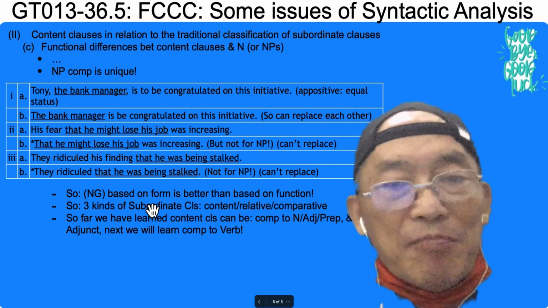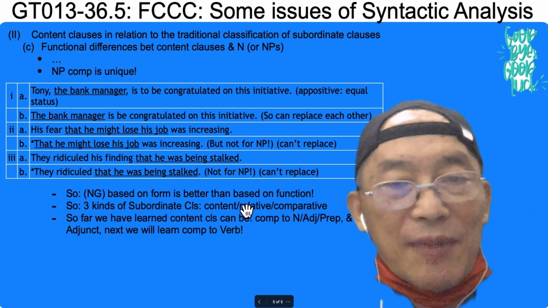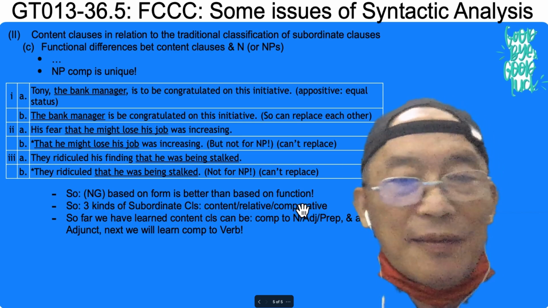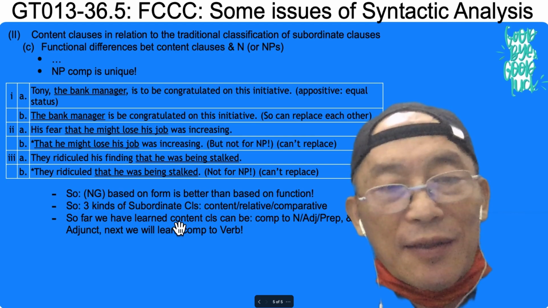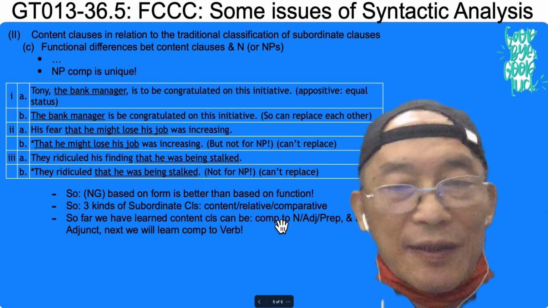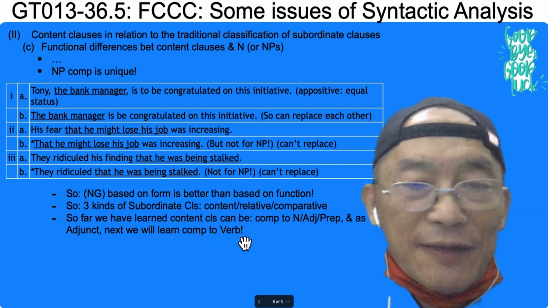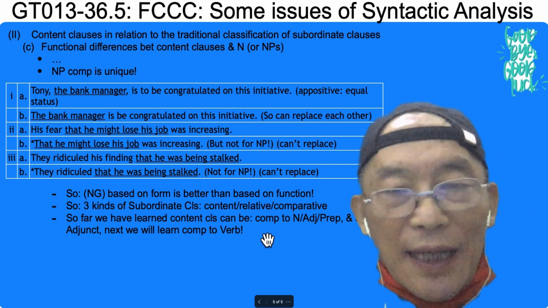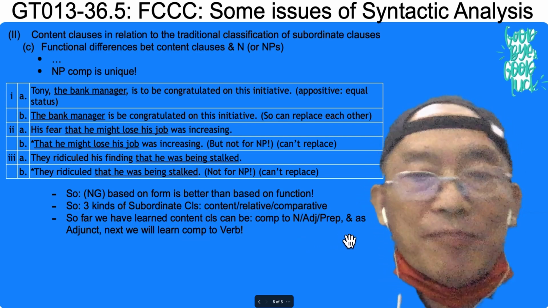So for new grammar, considering form is better than the old grammar, which just considers the function. So for new grammar, 3 kinds of subordinate clause: common clause, relative clause, and comparative clause. And so far, we have discussed that common clause can be complement to noun, adjective, or preposition.